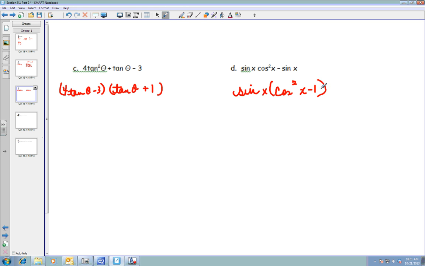But another way I could write this, and the directions on this would say either factor or simplify, I automatically notice that this is really close to a Pythagorean identity. It should be 1 minus cosine squared theta equals sine squared. So what's wrong with it?